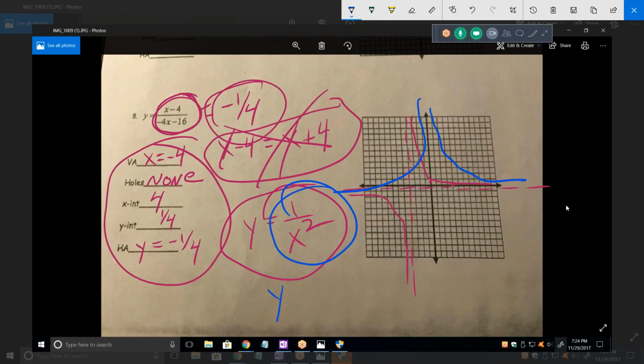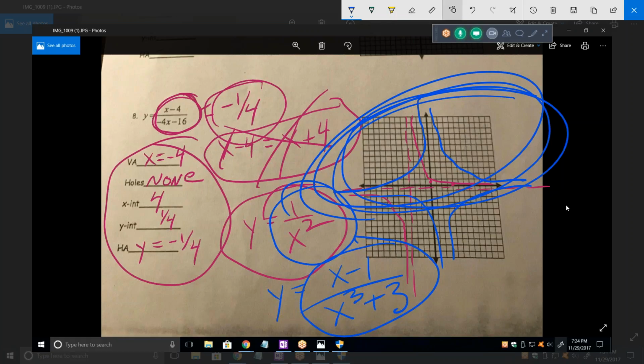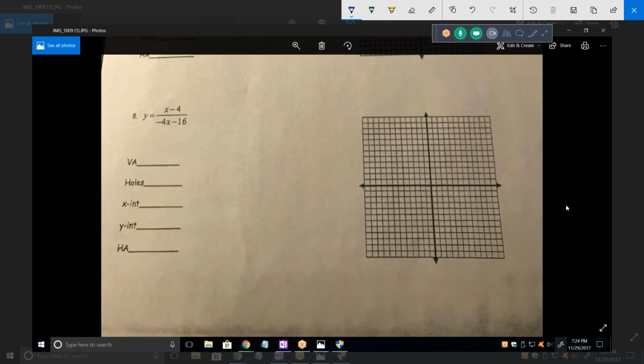So even if I had something like this, the bottom is an x squared greater than the top. That usually means you're going to have something that looks like that. Maybe on the other side it may look like this, but they both are in adjacent quadrants, not in opposite quadrants. I'm not sure you'll even get any problems like that. So it's probably safe to assume that you're in quadrants 1 and 3 or 2 and 4.